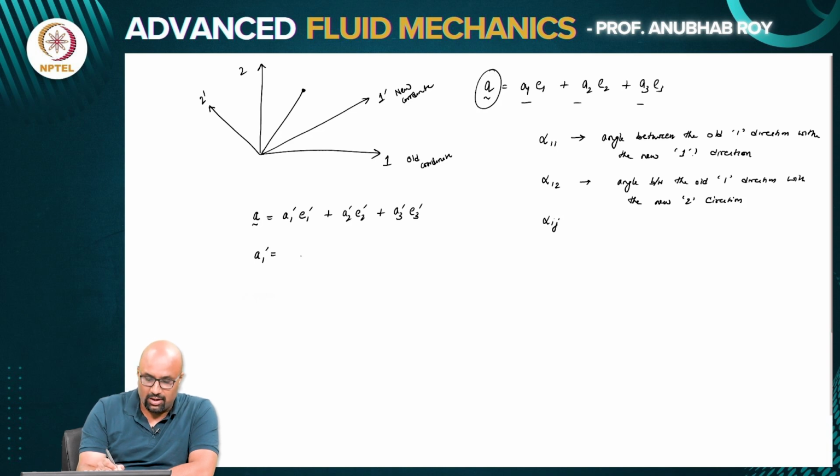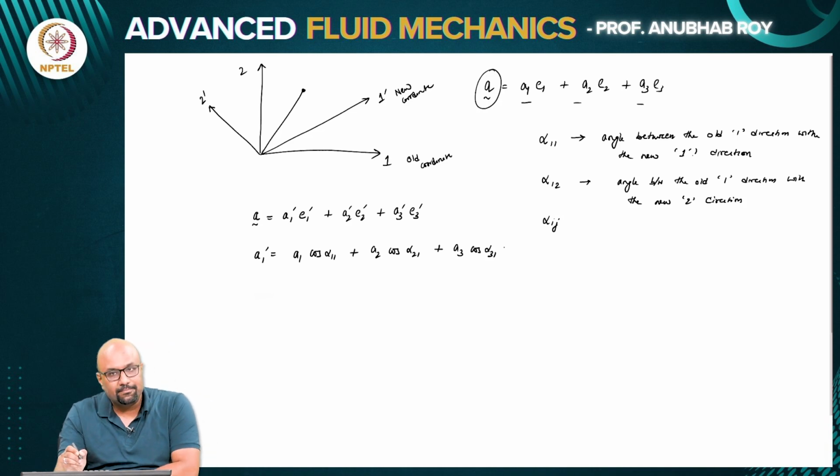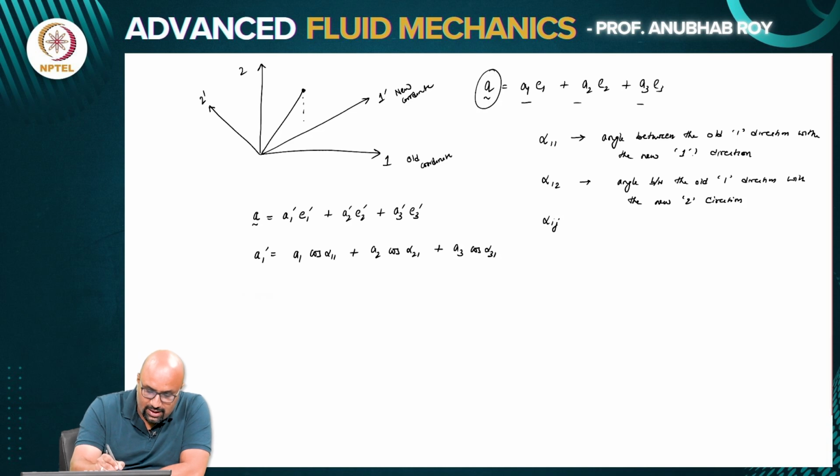So, this is just a coordinate transformation, would be a1 cosine alpha 1 1, a2 cosine alpha 2 1, a3 cosine alpha 3 1. This is just by doing a coordinate transformation. So, whatever was your previous coordinate system, so previously this was your a1.